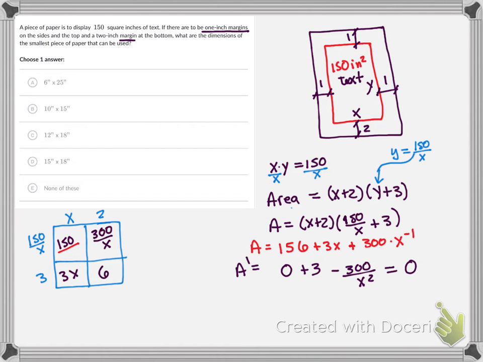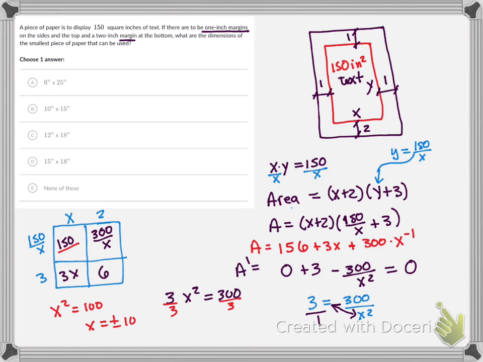I will add the 300 over x squared to both sides and get 3 equals 300 over x squared. Similar to the last problem like this, we'll cross multiply. 3x squared equals 300, dividing by 3, x squared equals 100, or x equals plus or minus 10.